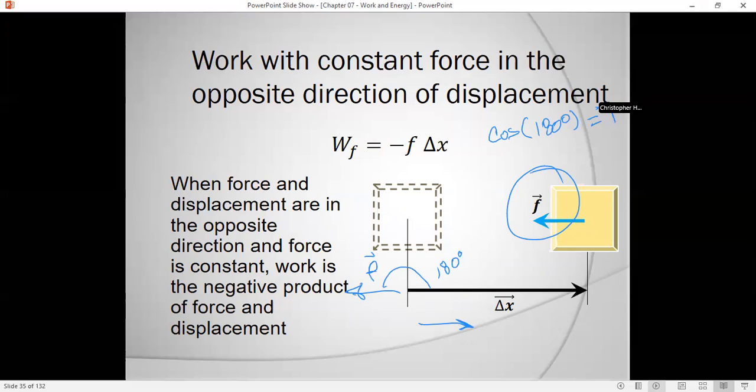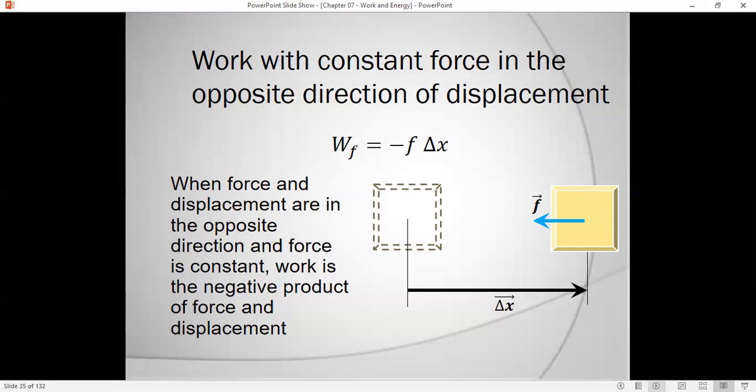So when we do work here, work is equal to negative force times displacement. And friction, as we know, will take mechanical energy out of the system and usually turns it into heat.